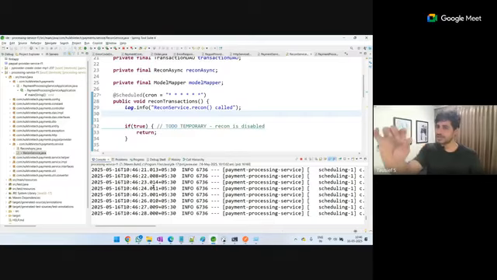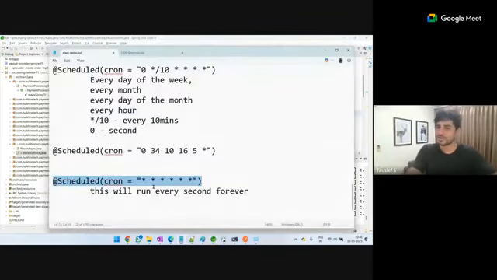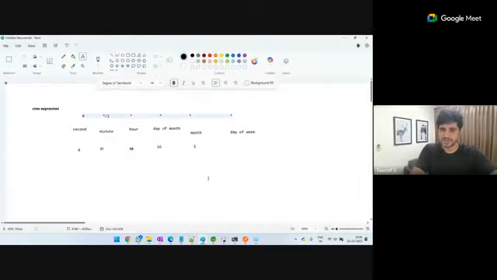Now I'll make a small twist in this. Think about it. This expression, we will put it into a diagram so it becomes easy for you to think about these dates together. But this expression is this.